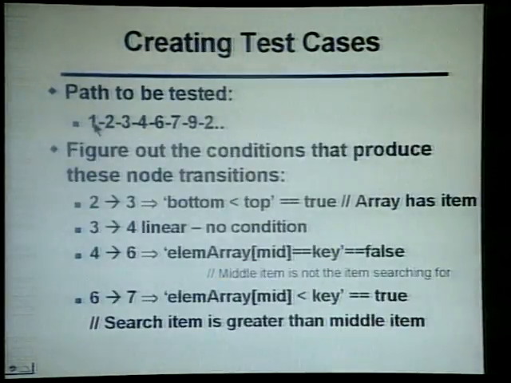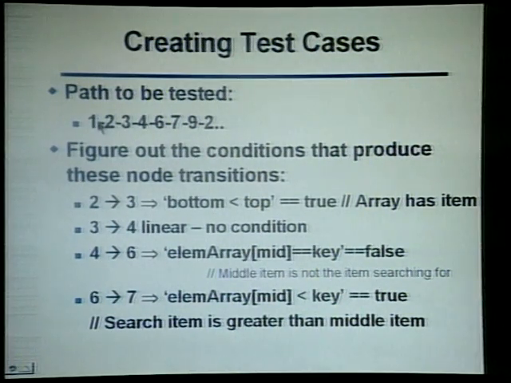We explain how we determine a test case with an example. Let's say we want to test this path: 1, 2, 3, 4, 6, 7, 9, and 2. All you have to do is look at the condition nodes and see which value you should take that can force the execution of that branch.